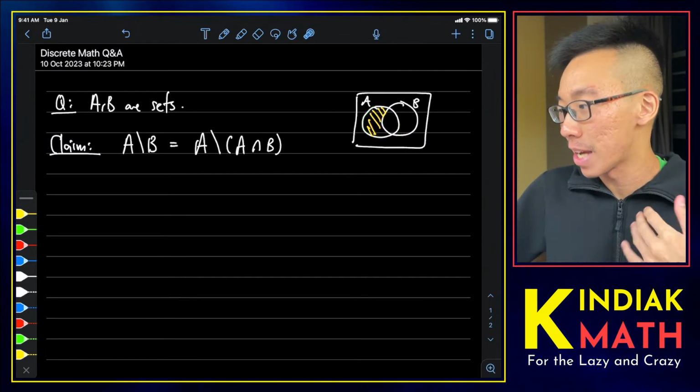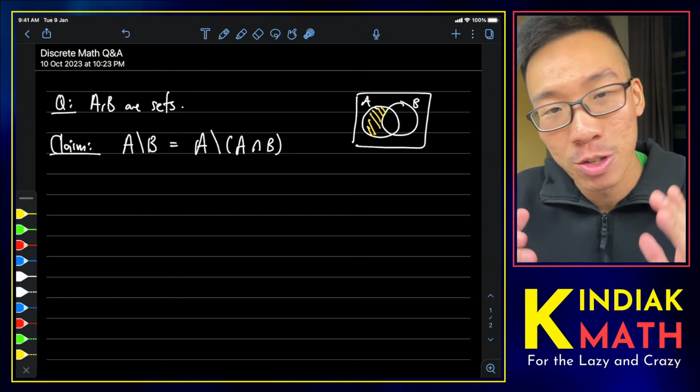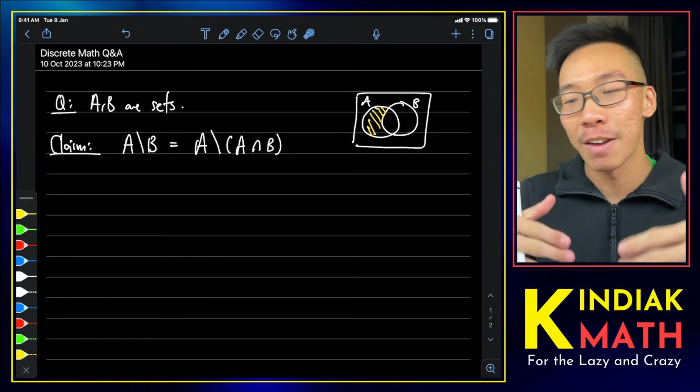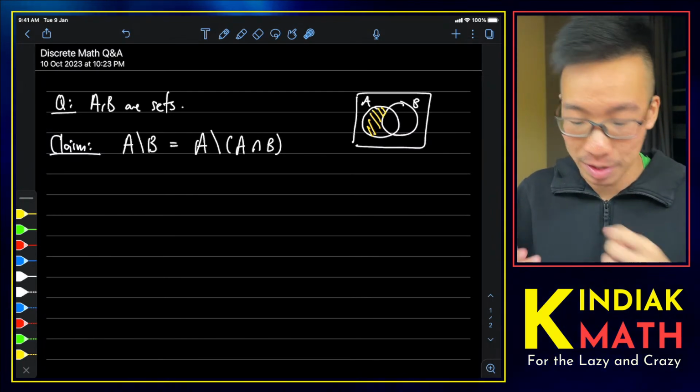That's the intuition behind the question before we prove it, because it's a good idea to first have some vague notion of whether you're right or wrong before you prove something.